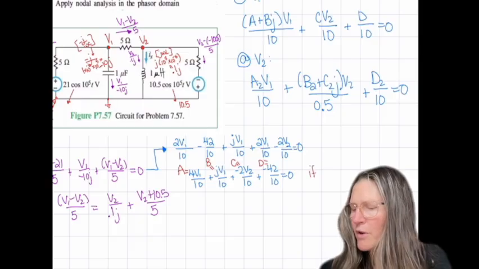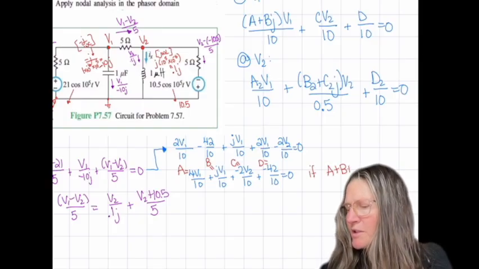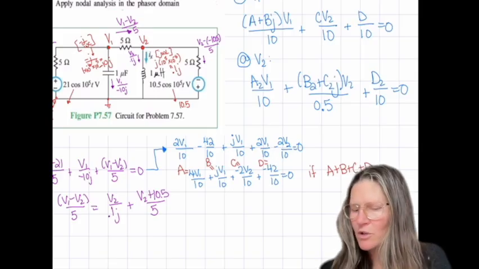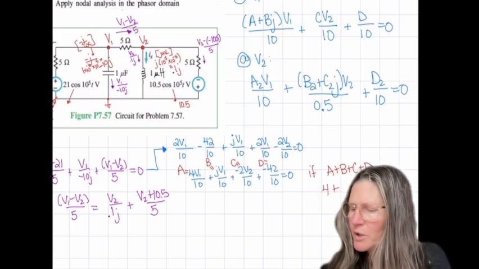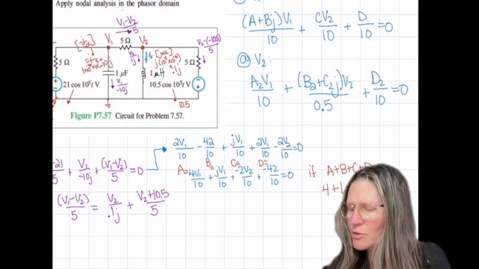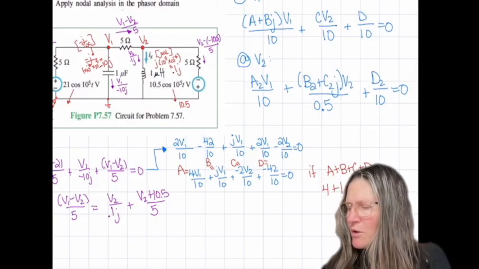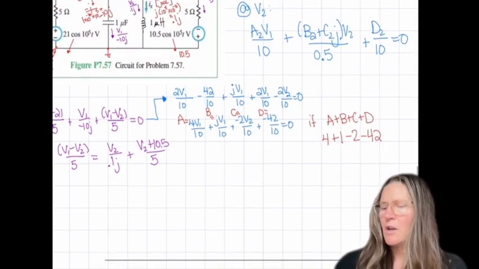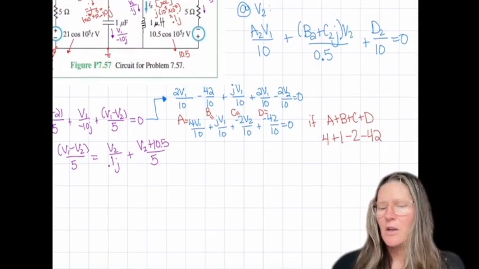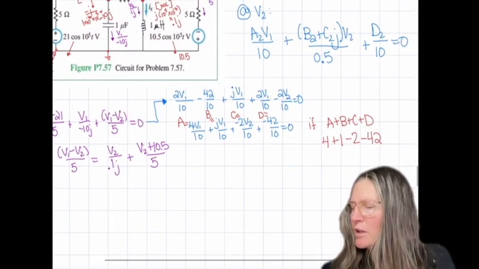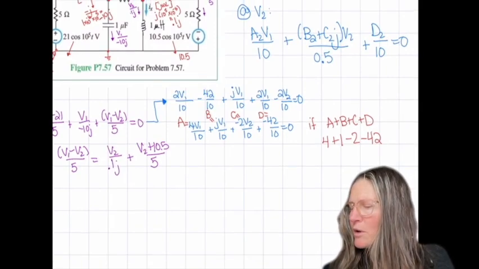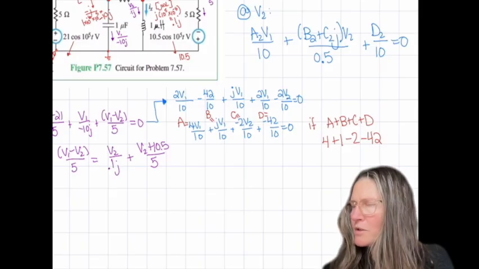So if I did want an A plus B plus C plus D value, you would take 4 plus 1 minus 2 minus 42. And in this case, then it would be minus 41 plus 4 is 37. So you would get 37 would be your answer.